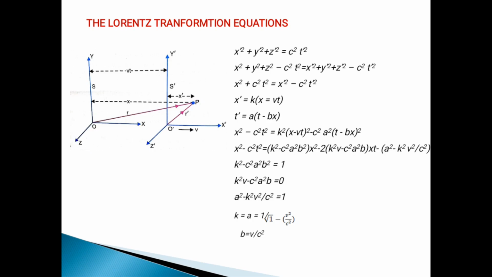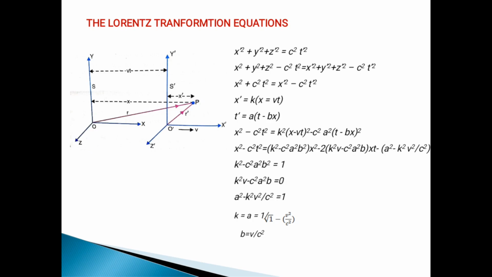The light pulse produced at t equal to 0 will spread out as a sphere whose radius will increase with speed c. Then the equation of the spherical surface when the pulse reaches P relative to O will be x square plus y square plus z square equal to c square t square, or x square plus y square plus z square minus c square t square equal to 0.